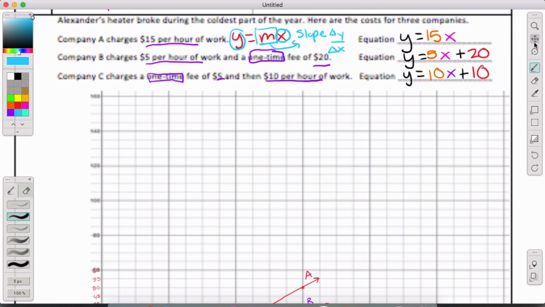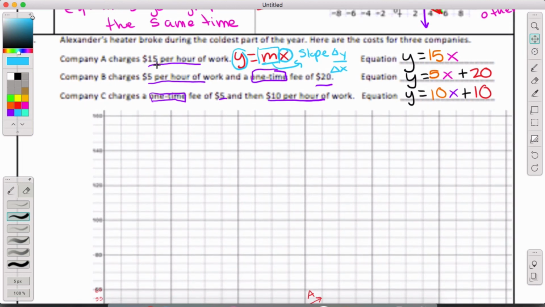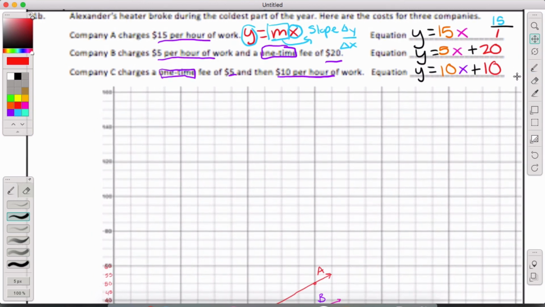And I knew from the written here that when we say per hour, if I wrote that out as my slope, this would be $15 for every 1 hour of work. Okay. And company B and C are set up pretty much the same way.